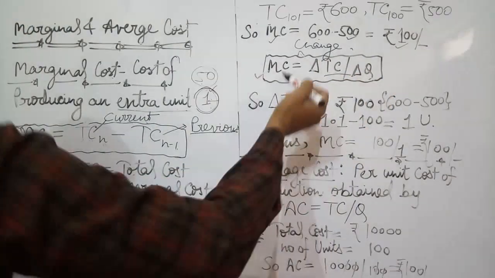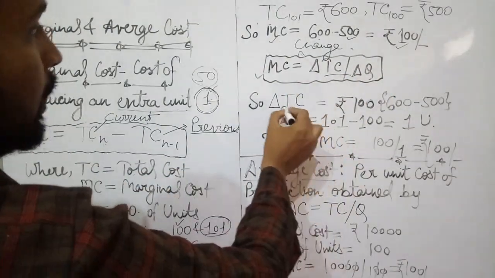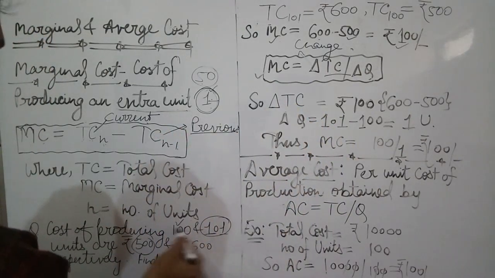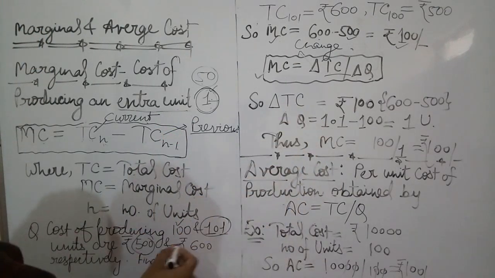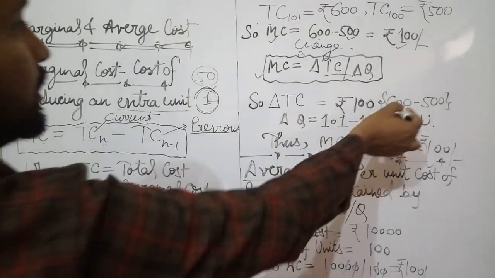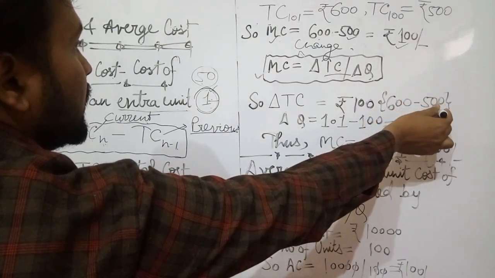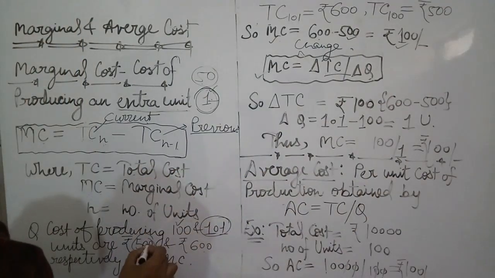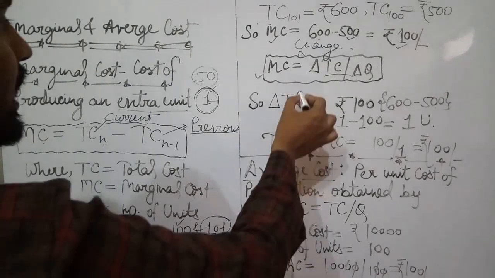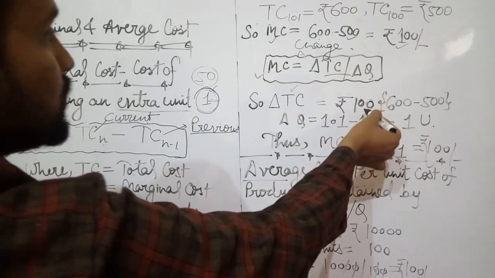We can take the previous example where total cost was rupees 500 previously and rupees 600 currently. So the total change is rupees 100, that is 600 minus 500.